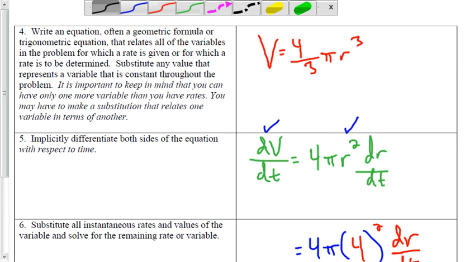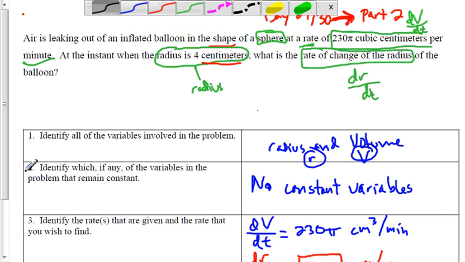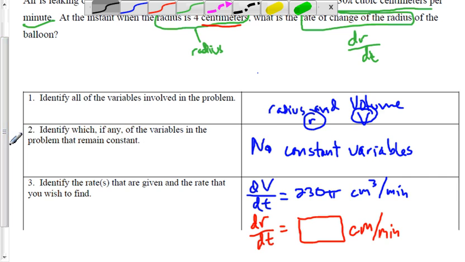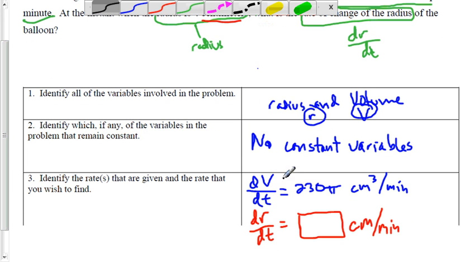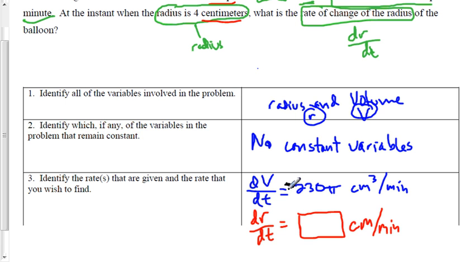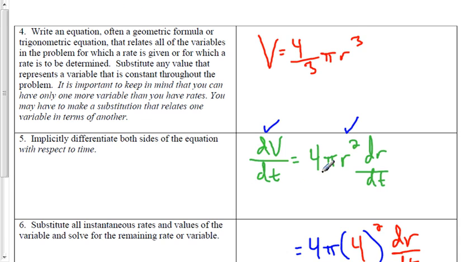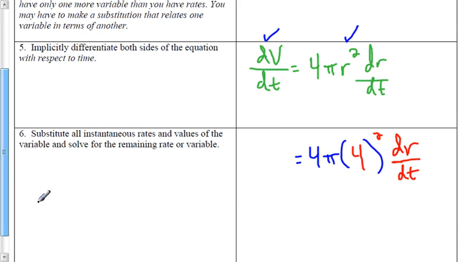They're saying air is leaking out, so it's going to be getting smaller, so dV/dt is actually decreasing, negative 230 pi cubic centimeters per minute. So when I substitute in for dV/dt, that's negative 230 pi. Now let's simplify.